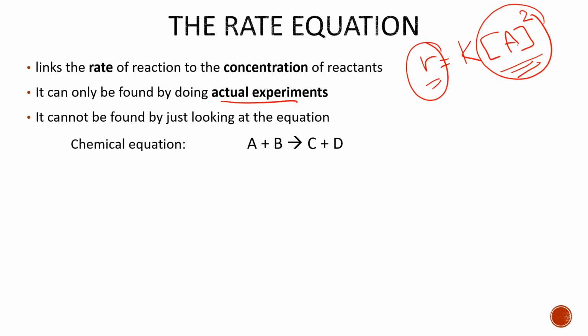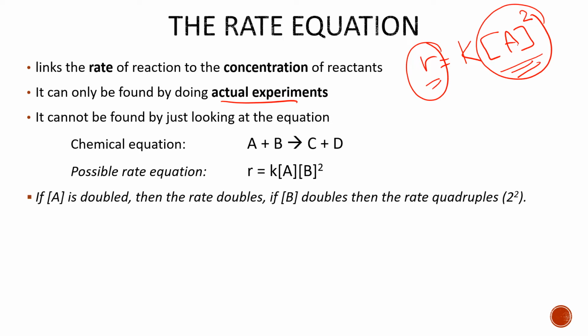So we have here a chemical equation. A chemical equation will never give us any indication, or will never be used to predict the rate equation. Here is a rate equation. If this is a possible rate equation, it's telling us that if you double A, the rate will double, because as you can see here, there is no power, so it is power 1.